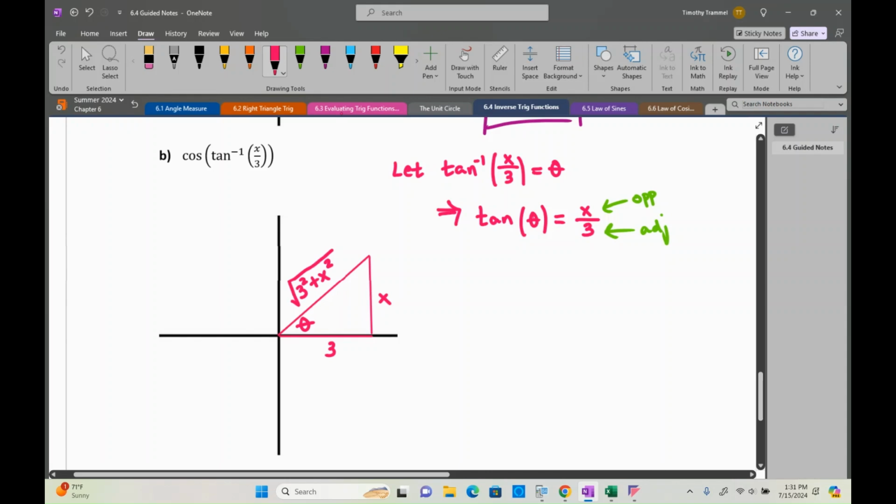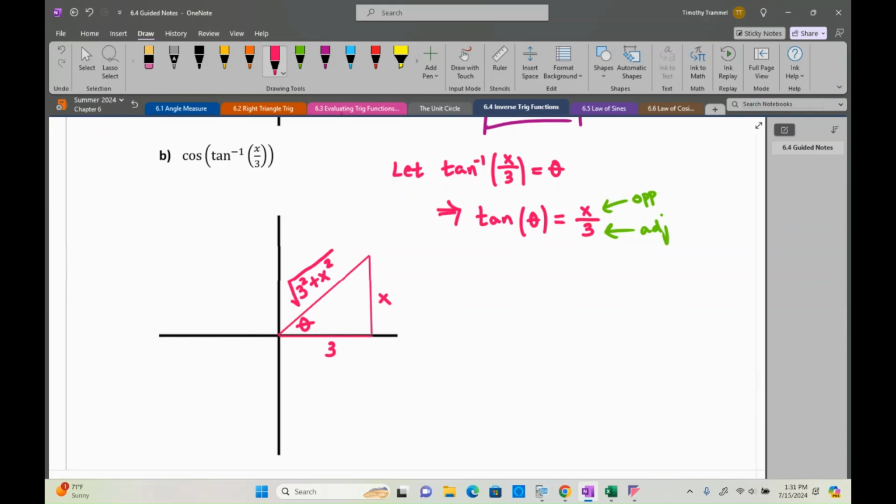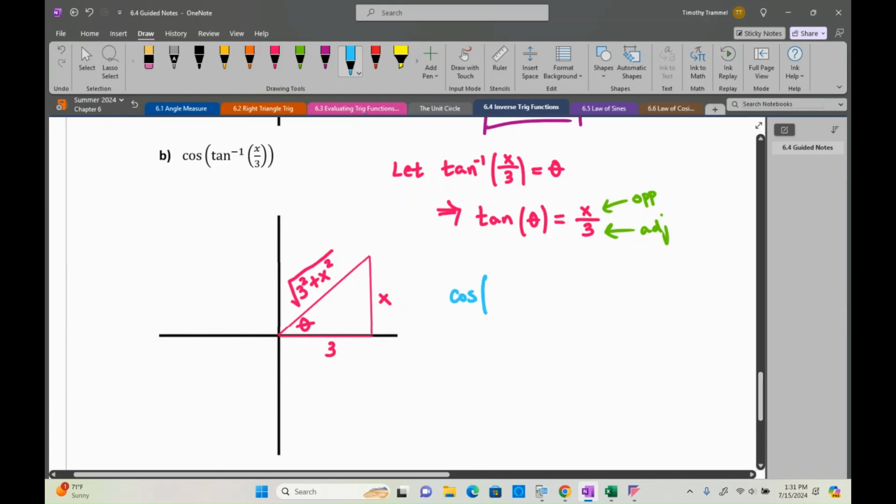All right, and then lastly, again, this is the hard part. So we just need to write down what we started with, and we can start writing down what this is all equal to. So cosine of tangent inverse of x over 3 is equal to theta, is equal to cosine of theta.